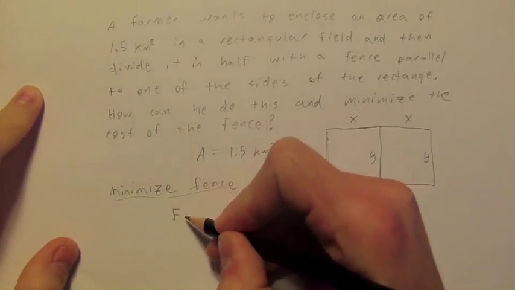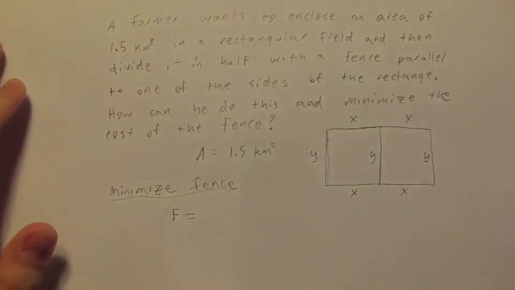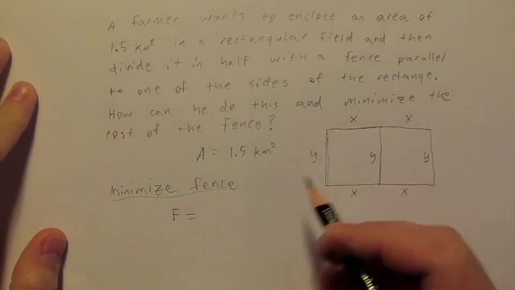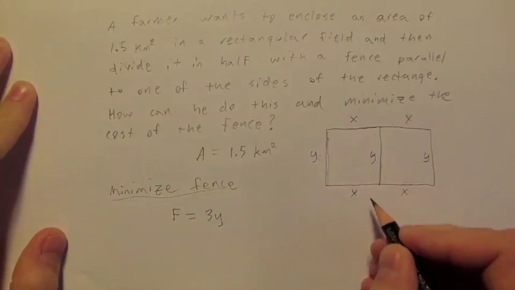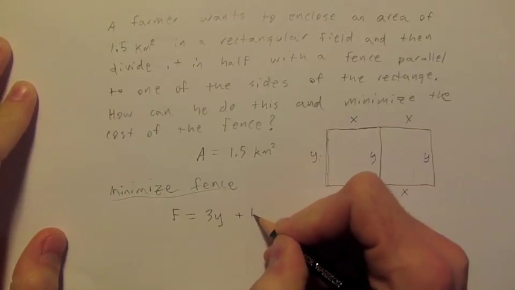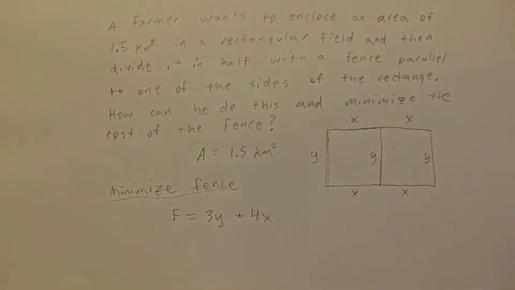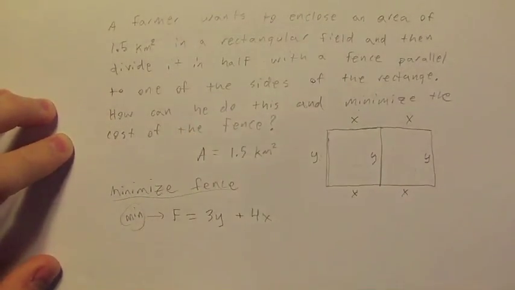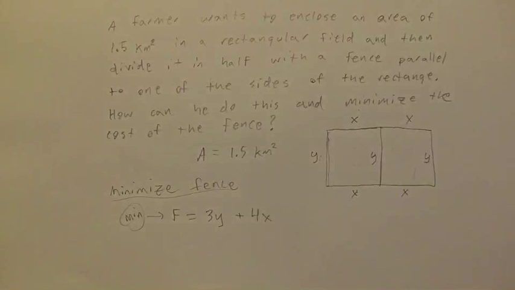I'm going to call F for fence. You could just say P for perimeter. But basically I have 3 Y's and 4 X's. Now this is what we're trying to minimize. Trying to minimize the amount of fence.